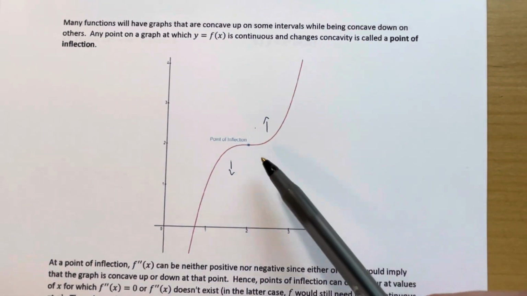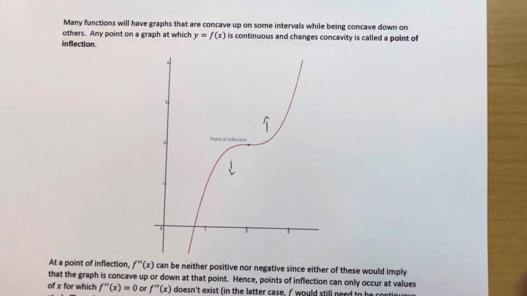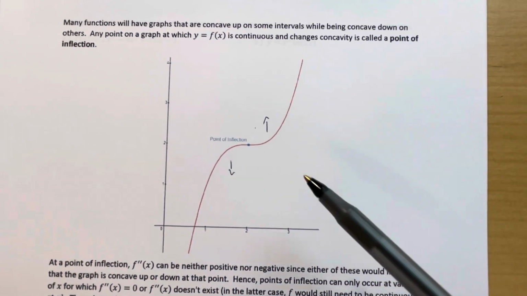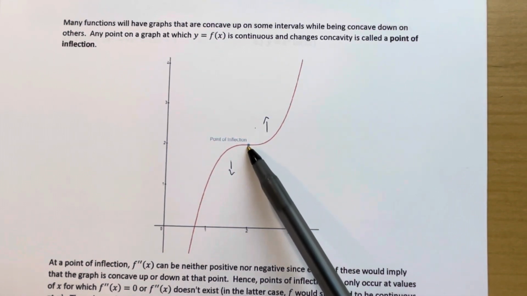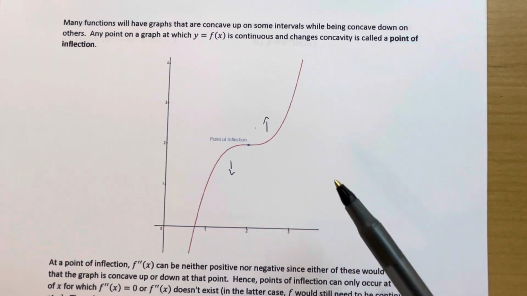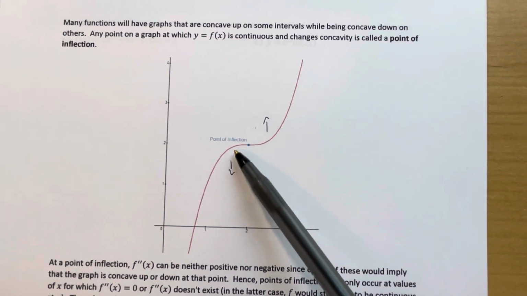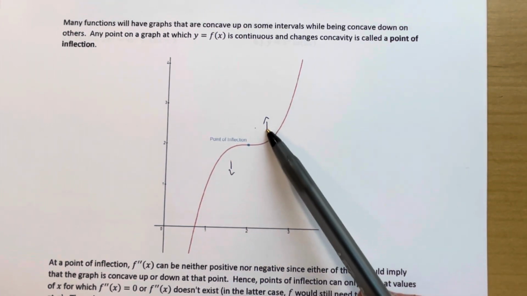And if you think about it, where would a point of inflection occur? Well, there's a couple of different possibilities for that, as we're going to see as we move on. In this case, the point of inflection would occur at a place where f double prime is equal to 0. Because if f double prime is negative, then we're still concave down at that point. If f double prime is positive, then we're concave up.